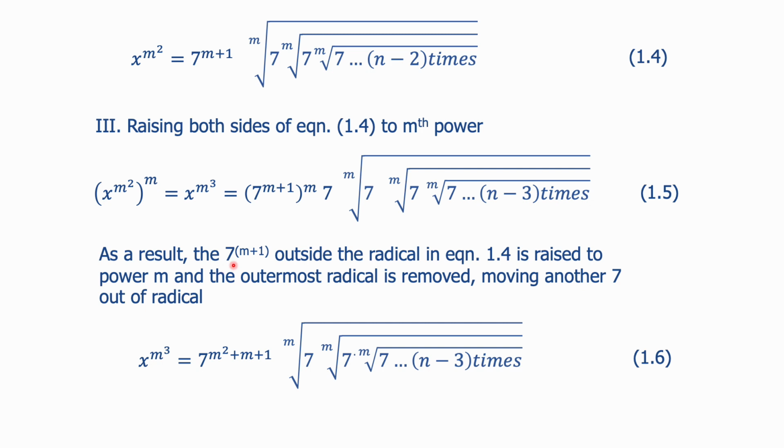As a result, the 7 to the power m plus 1 outside the radical in equation 1.4 is raised to the power m and the outermost radical is removed, moving another 7 out of the radical. We can write it as x to the power m cube is equal to 7 to the power m square plus m plus 1 multiplied by the mth root of 7 multiplied by the mth root of 7, and so on, repeated n minus 3 number of times.